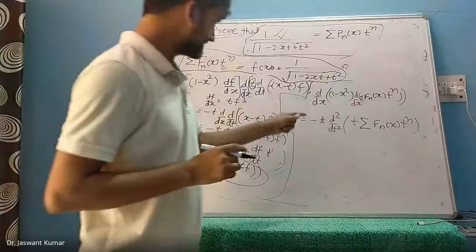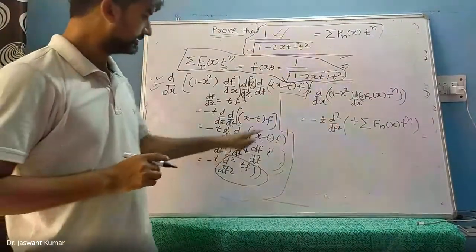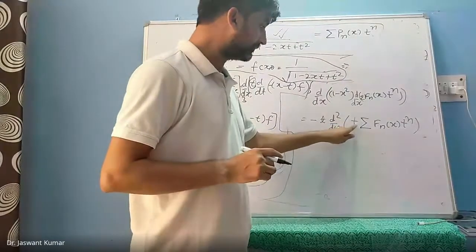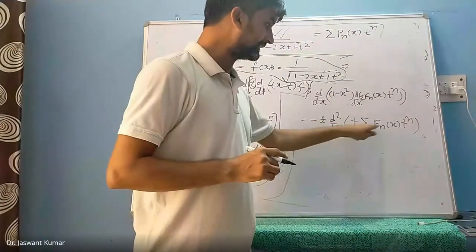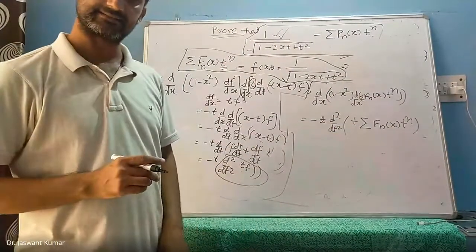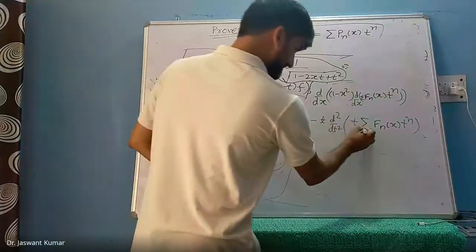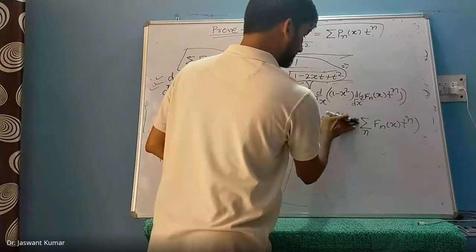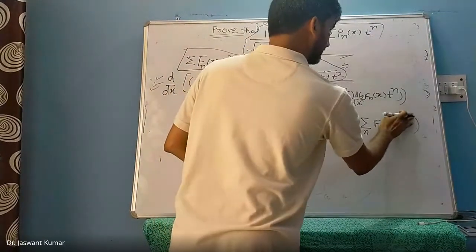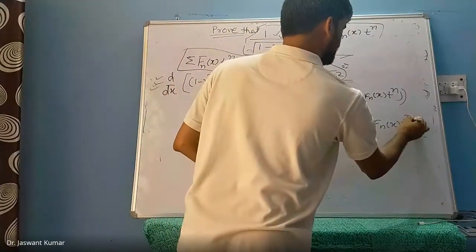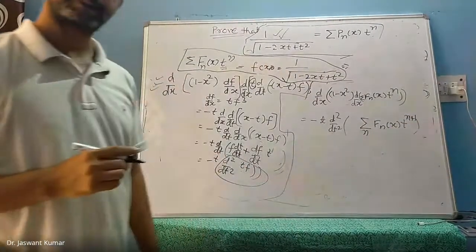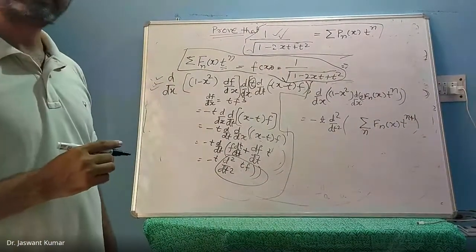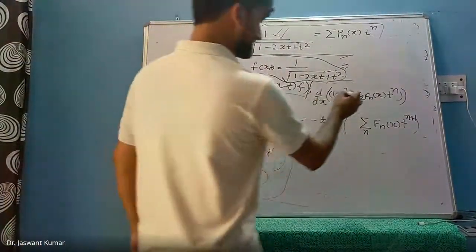This is equal to minus t into d2 by dt2 of t acting on this f_n(x) t. This is a summation over n only. Okay, so this t can enter. So this t can go over here. This is a summation over n.